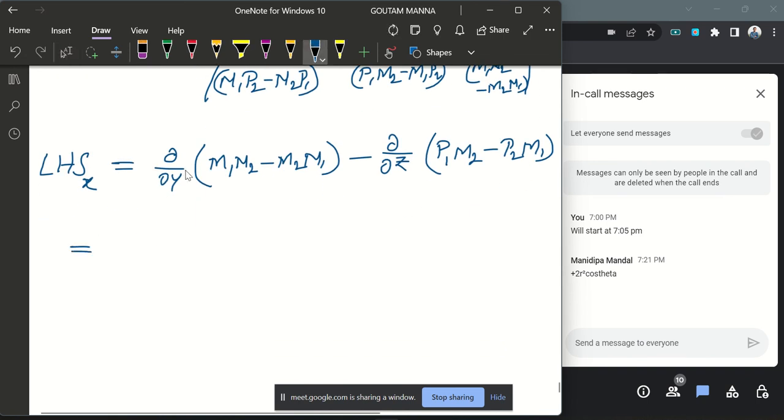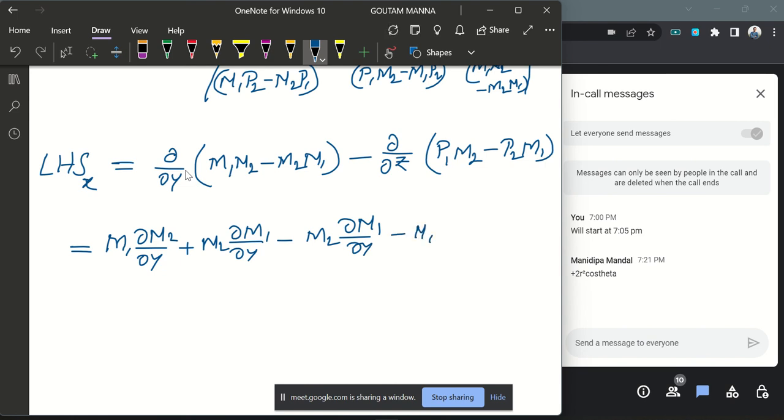So if you do this derivative, it will be m1 times del n2 del y plus n2 times del m1 del y minus m2 times del n1 del y minus n1 times del m2 del y, and minus this term.